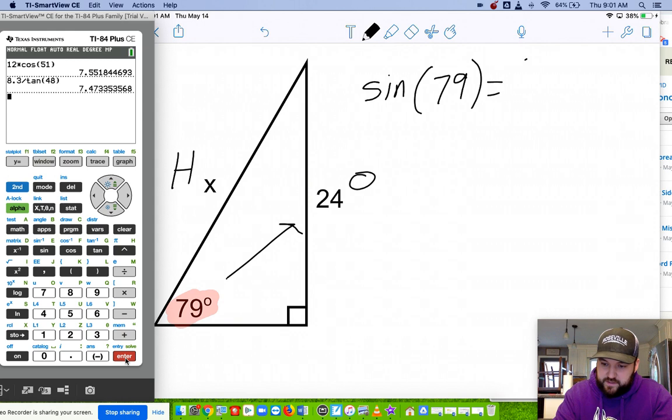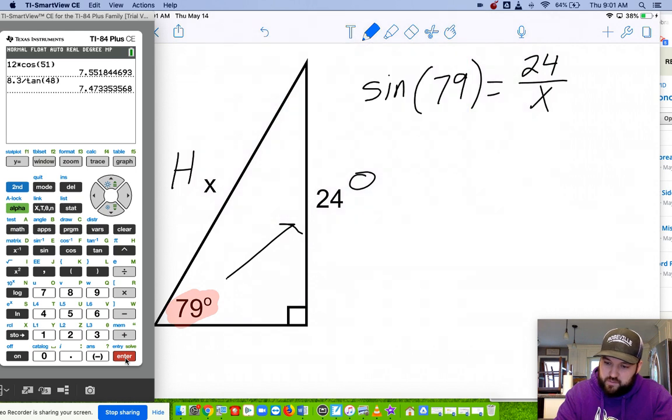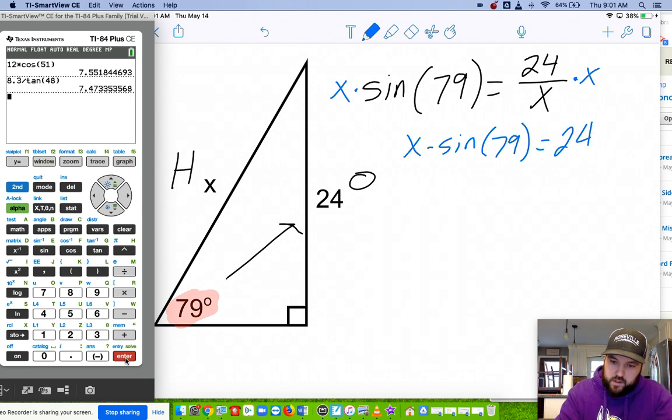is opposite over hypotenuse. So again, just like in the previous problem, I have to multiply both sides by x. So I would have x times sine of the angle equals 24. And then I'm going to divide both sides by sine.